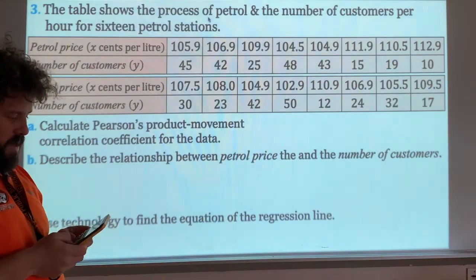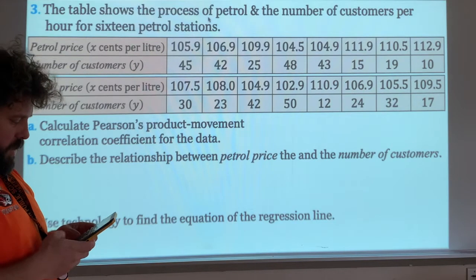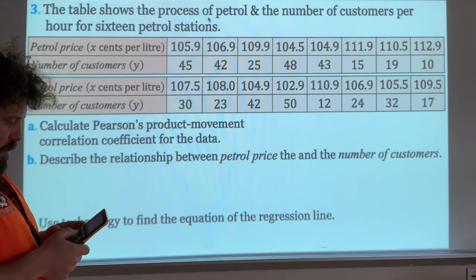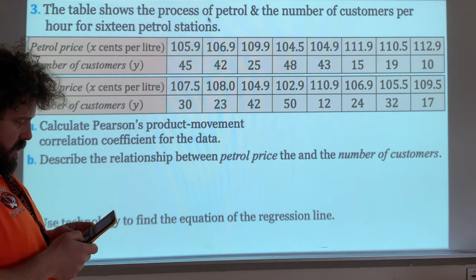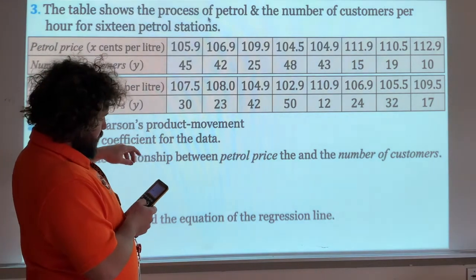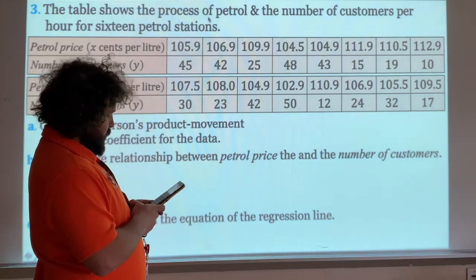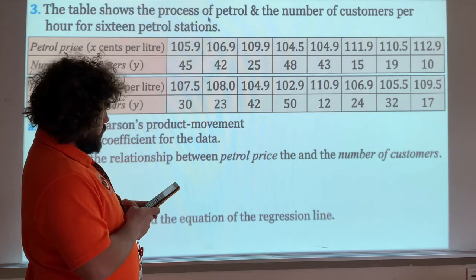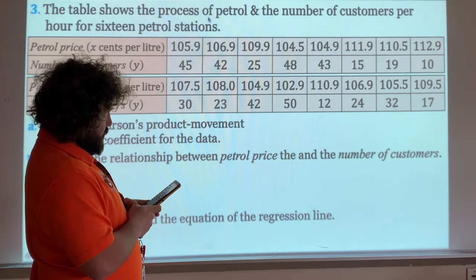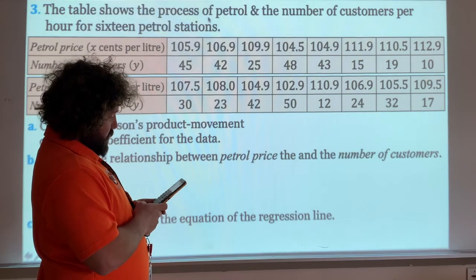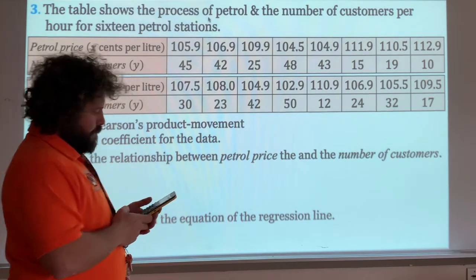If it doesn't match up, it means you messed up a column here. Always check once in a while to make sure your numbers are matching up. 7.5, good. 30, 23, 42. Because you don't want to do all the work correctly, but just type in the stuff wrong. It's very annoying.